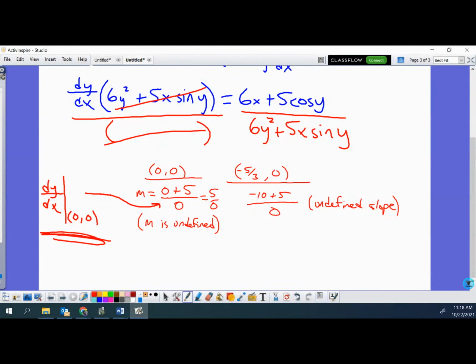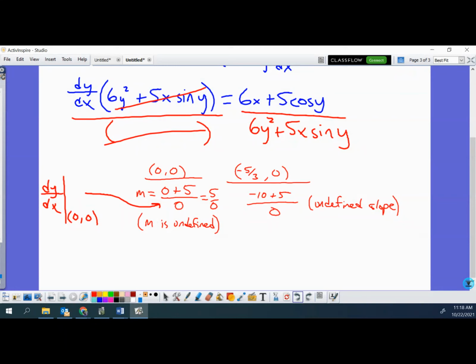The advantage to the Leibniz notation here is this isn't a function, so I can't use function notation. I can't say f prime of 0, right? Because I have to plug both x and y values in, this notation is really handy. It's the rate of change of y with respect to x at the point 0, 0. And it's pretty standard notation. They use it a lot for AP exam scoring rubrics. They like it, so I recommend it.